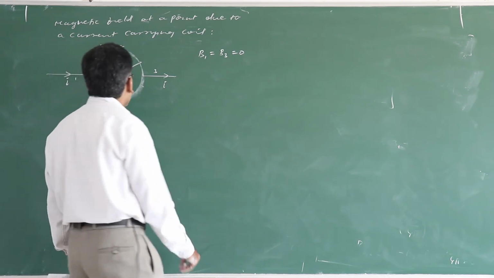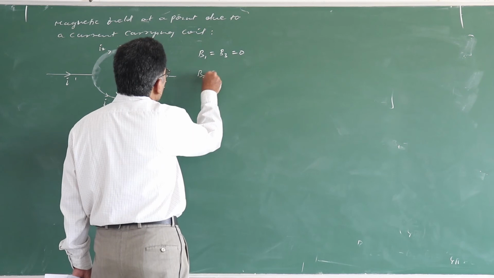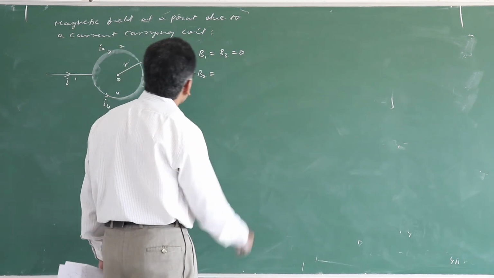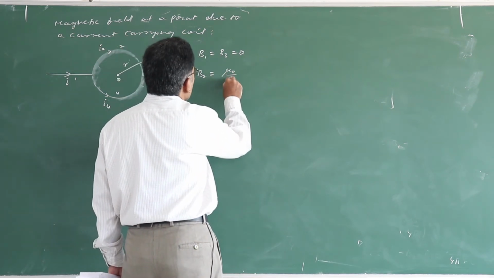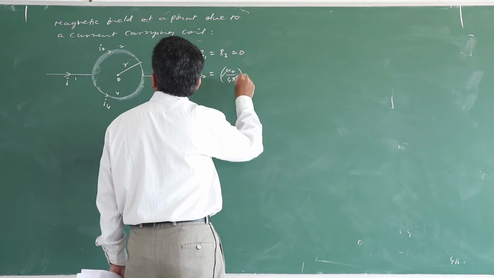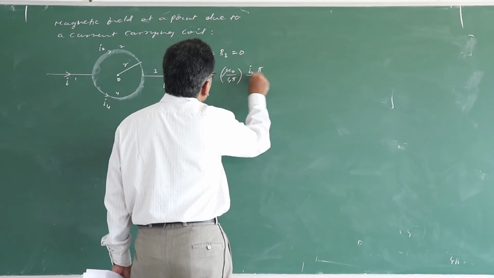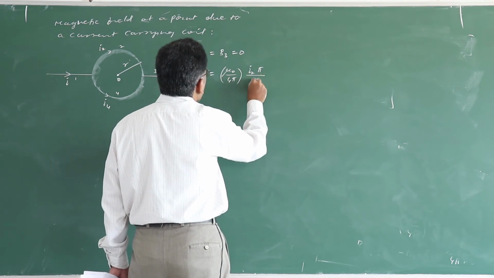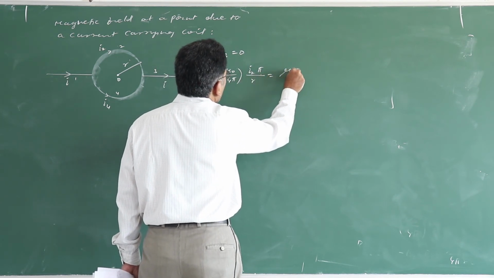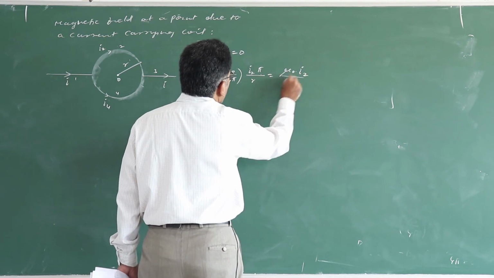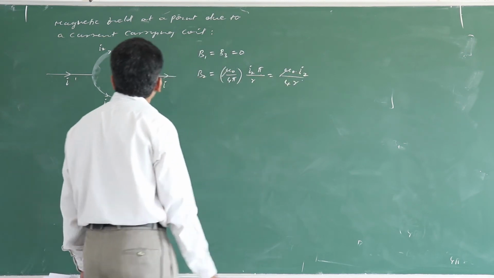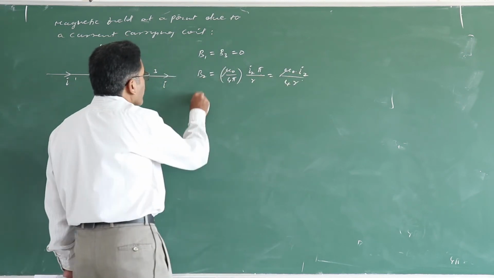See, therefore magnetic field due to current flowing in the segment 2 is given by mu naught by 4 pi I2 into pi divided by R. See, R, mu naught into I2 divided by 4R. And what about 4?